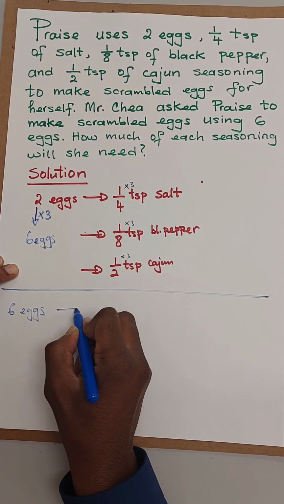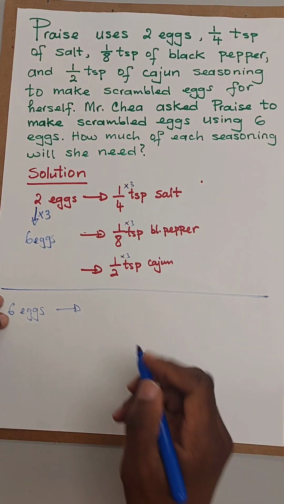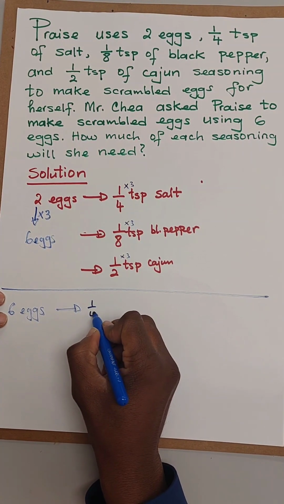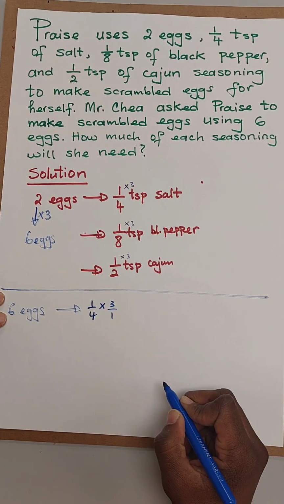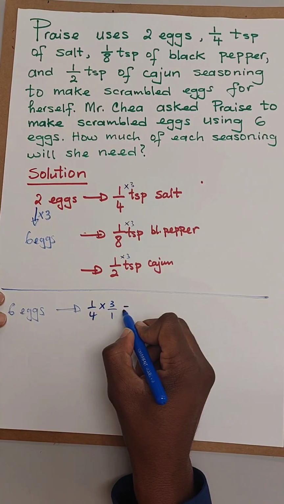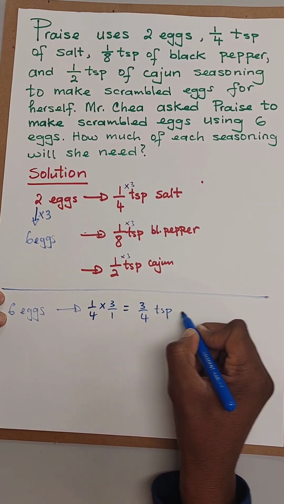will require 1/4 times 3. So when we multiply by a whole number, we put a denominator, which will be 3/4 tablespoon of salt.